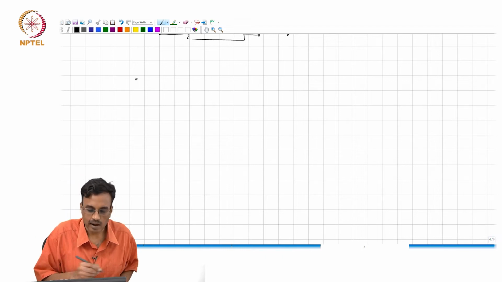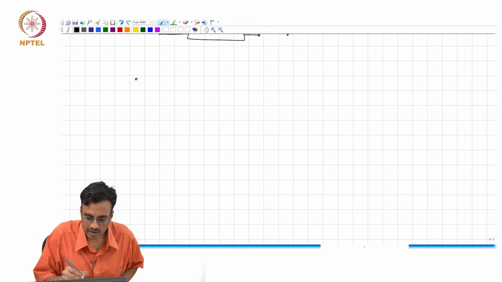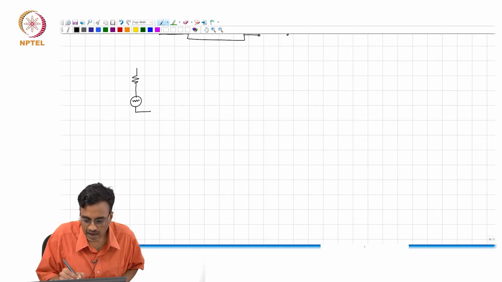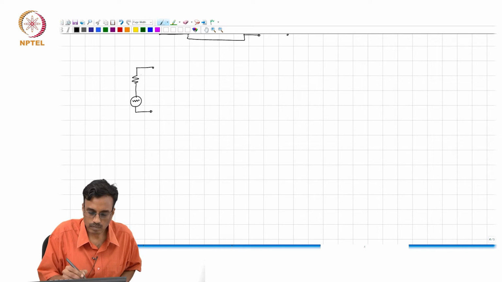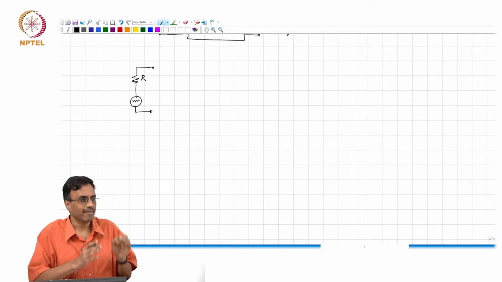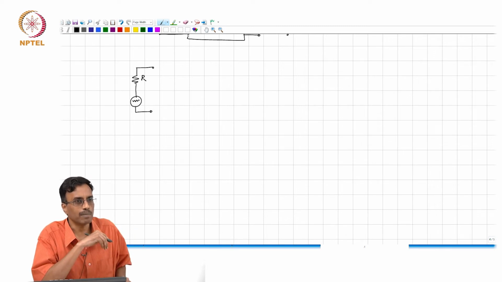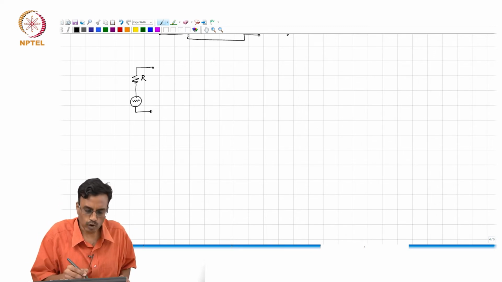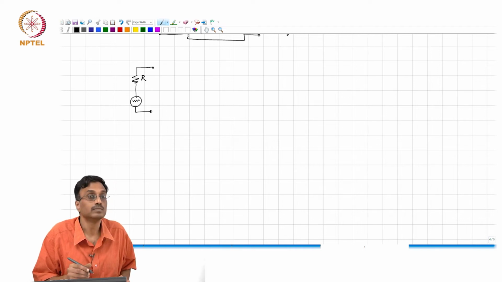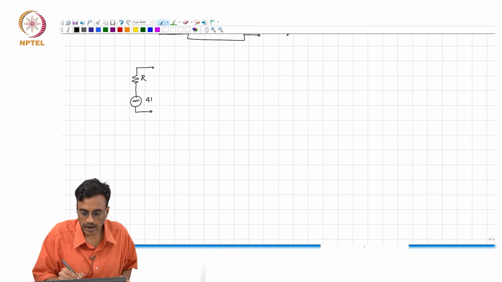Okay. So, let us start applying the stuff that we have seen to real circuits. Basically every resistor is accompanied by a noise source whose noise spectral density is 4 kT R volt square per hertz.